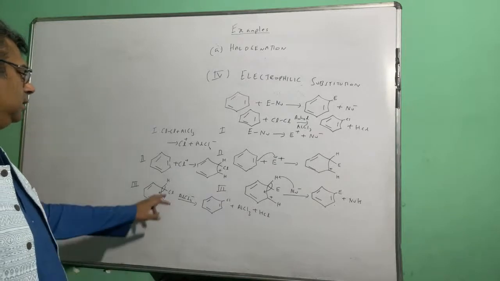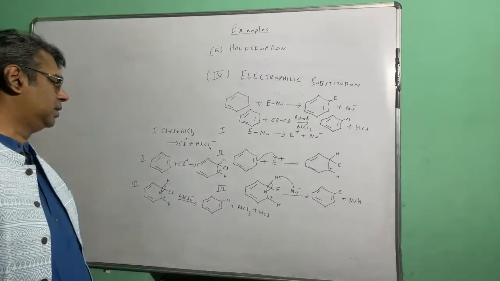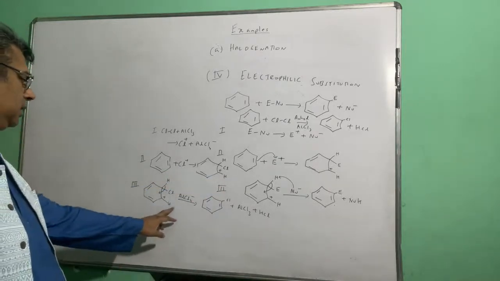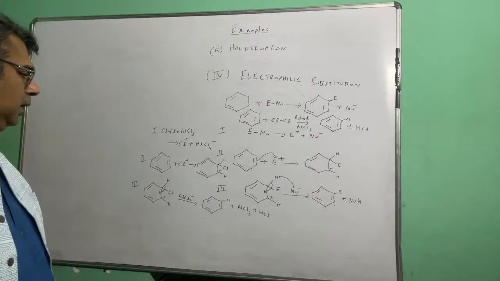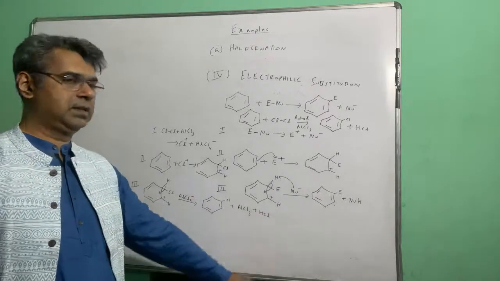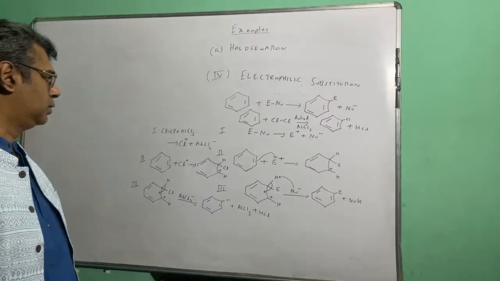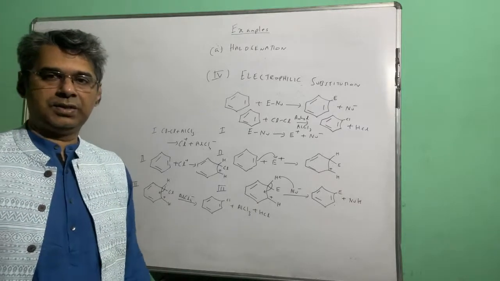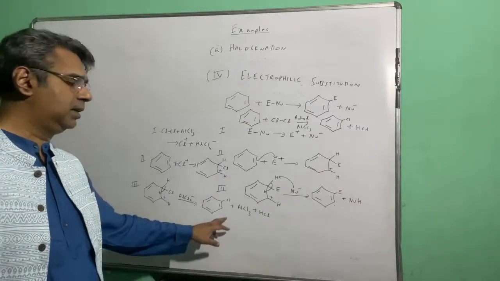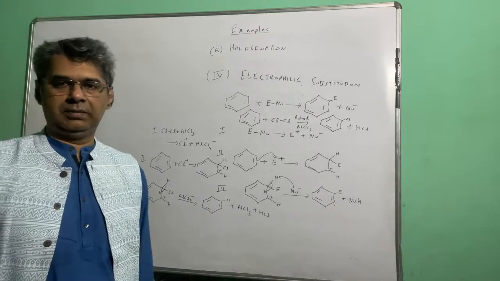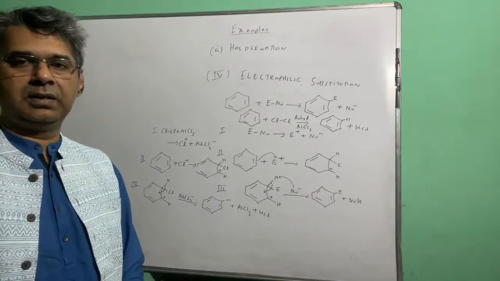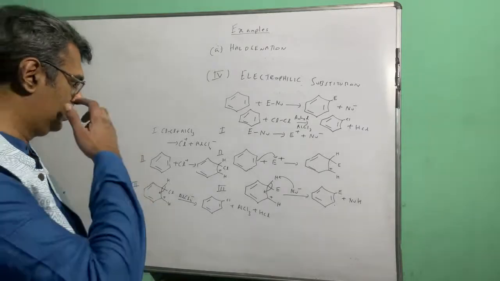Like I said, Cl plus is the electrophile, this is the carbocation. The carbocation is attacked by AlCl4 minus to give chlorobenzene plus AlCl3 plus HCl. So yes, the catalyst is taking part, but it is getting regenerated in the last step. That is one of the ways of catalytic activity. The catalyst can regenerate and come back in the last step.